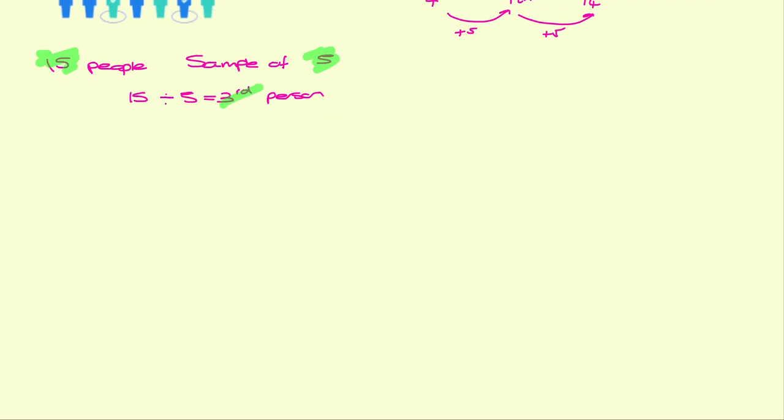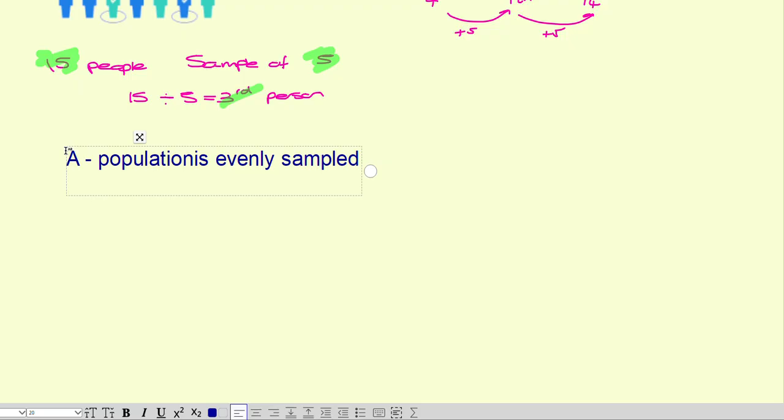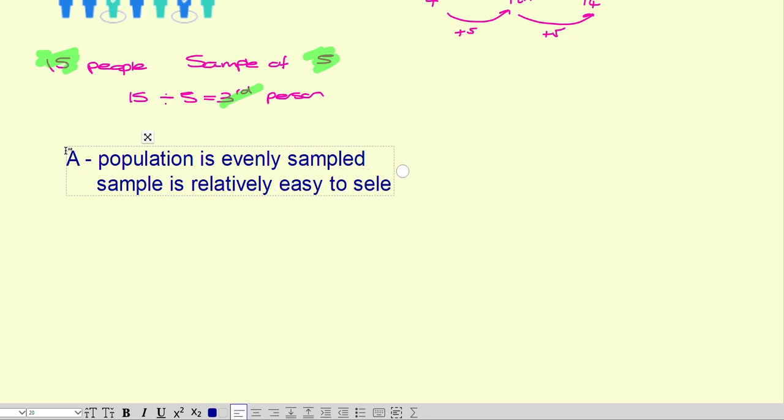Okay, let's talk about advantages and disadvantages of systematic sampling. So advantage is that the population is evenly sampled, and the sample is relatively easy to select. Okay.